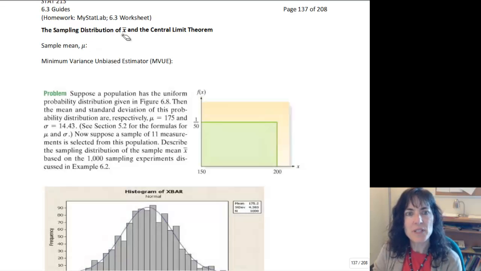6.3, the sampling distribution of x bar and the central limit theorem.